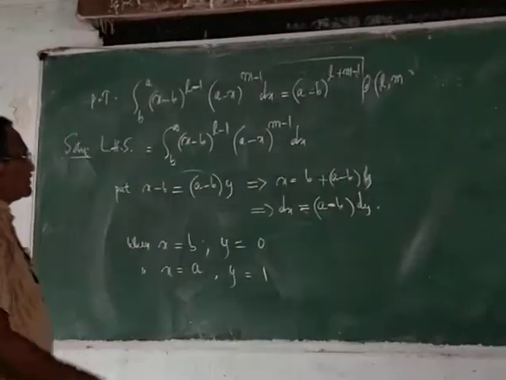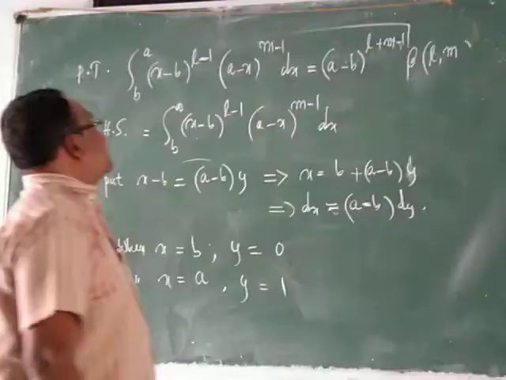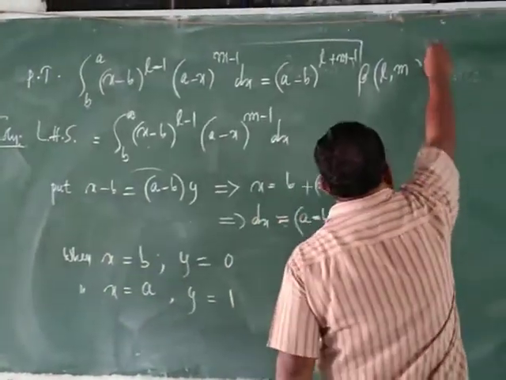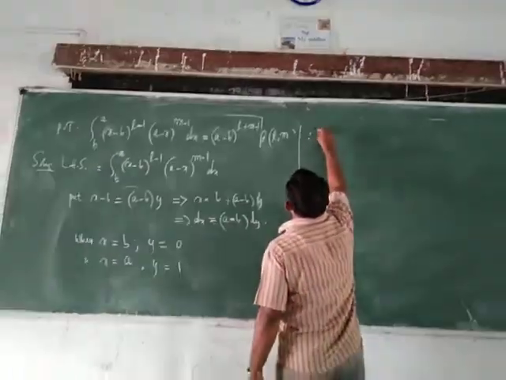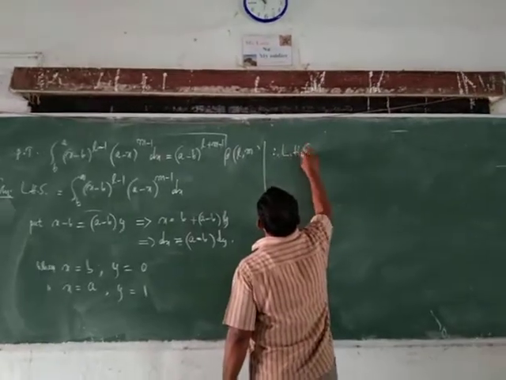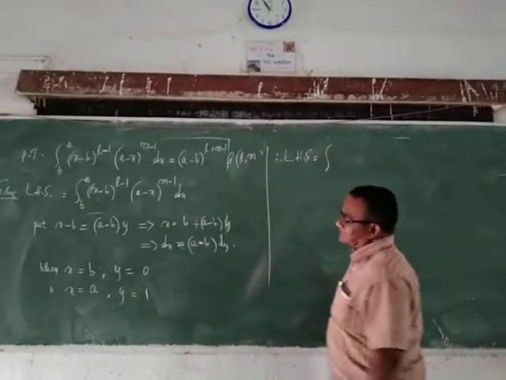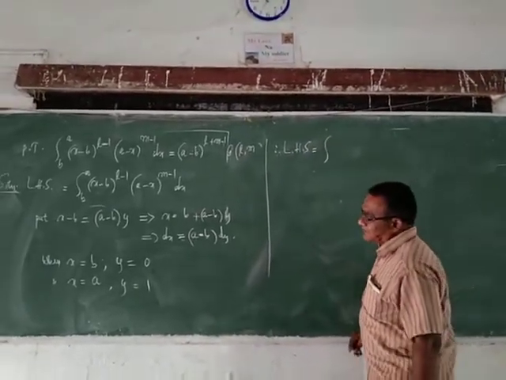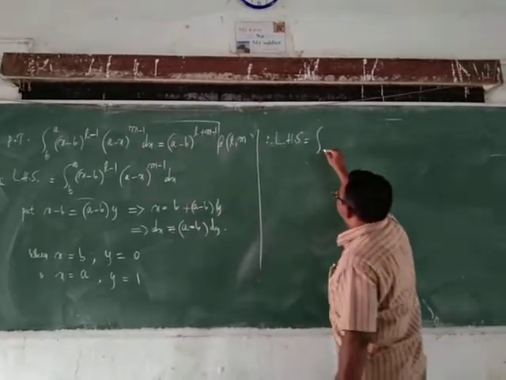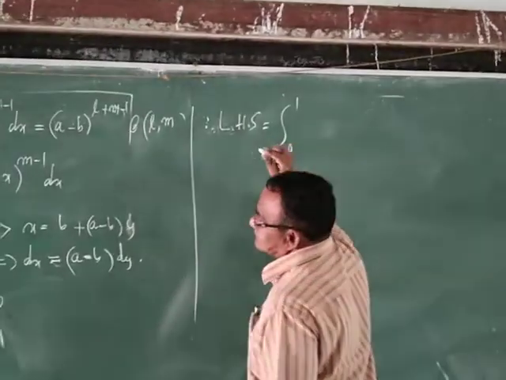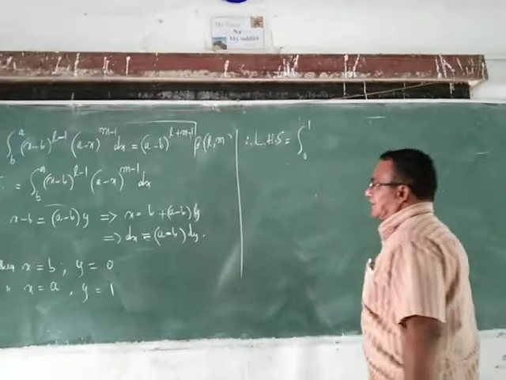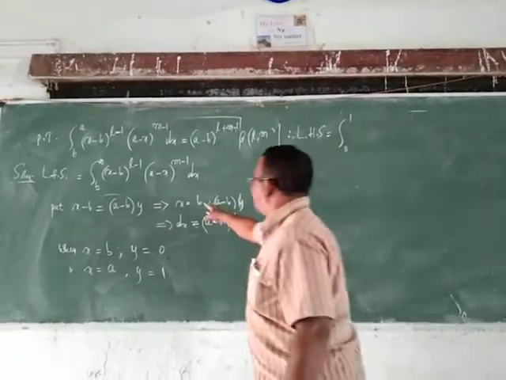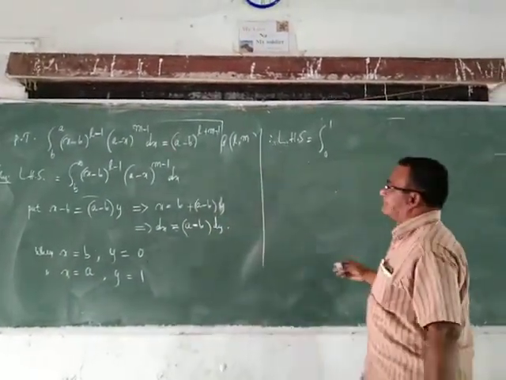So with these limits, your LHS is equal to the integral from 0 to 1, changing the limits from b to a. X we have taken as b plus (a minus b) into y.